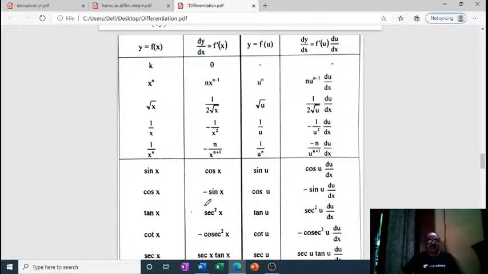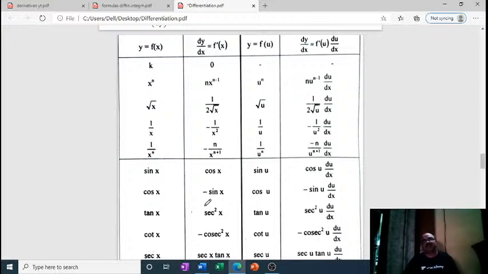Then n into u power n minus 1: sine square x, it will be 2 sine x first of all, then differentiation of sine x, which is cos x. Like if I say a square, it will be 2a into dA by dx.